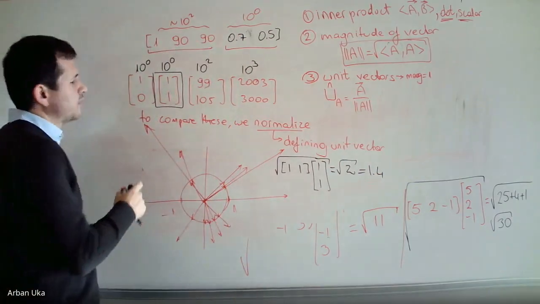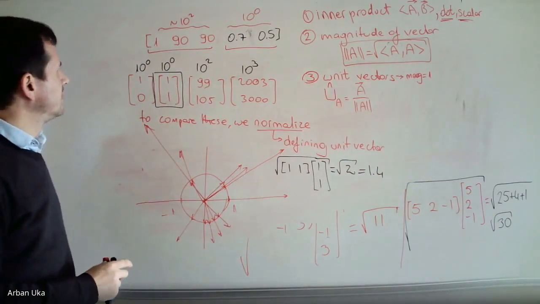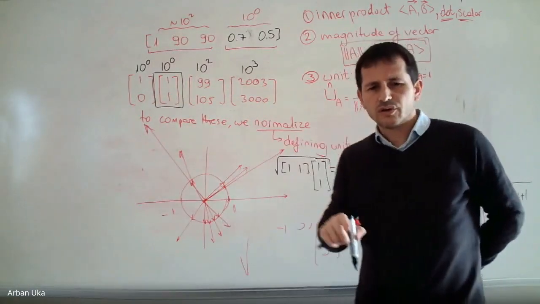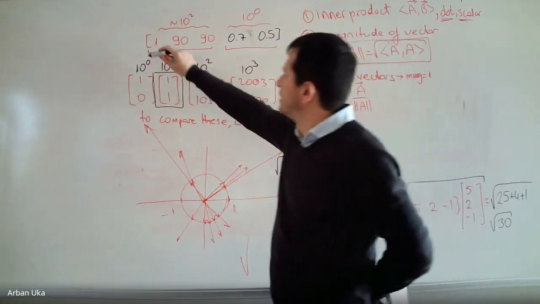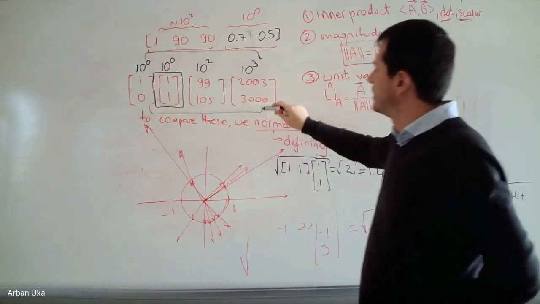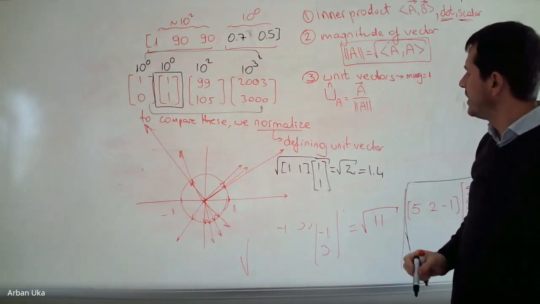But 1.4 is around 10 to the power 0, because we try to compare different quantities by looking at the order. And from here to here, we observe that we have 3 orders of magnitude difference between the first vector shown there and the 4th vector.